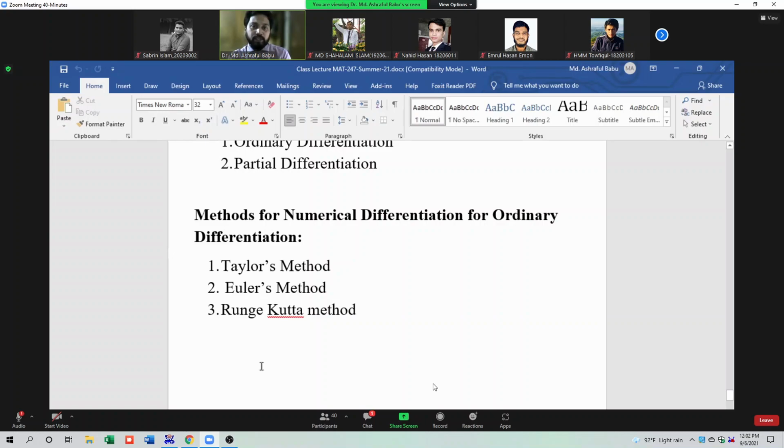So this topic is not numerical differentiation; it is solving numerical differential equations. Or you can say the numerical solution of ordinary differential equations.